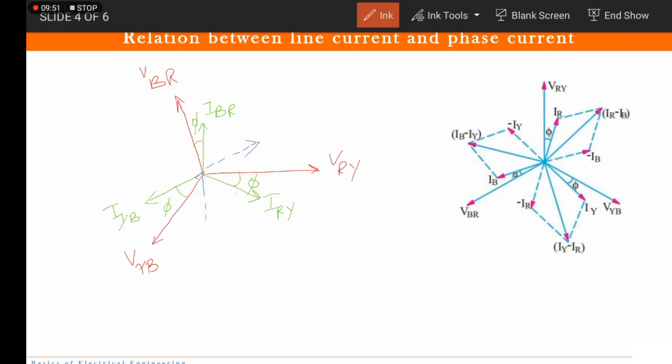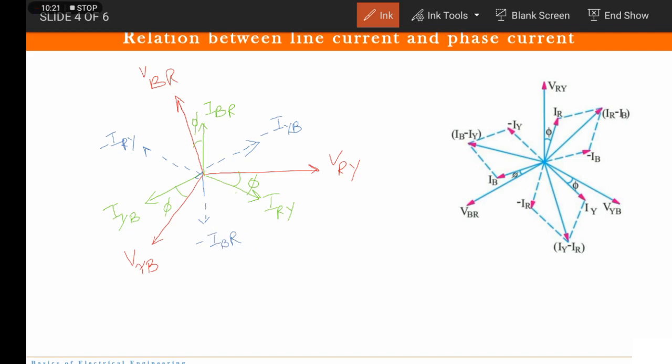Similarly, this current, and similarly this current. So this is minus IYB, this is minus IRY, and this current is minus IBR. Correct?